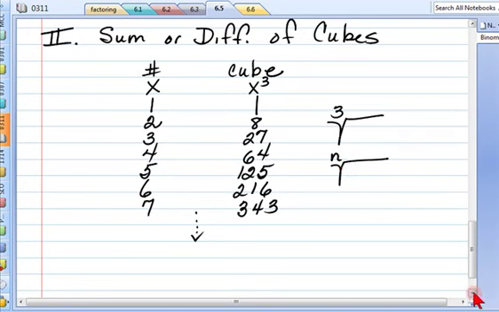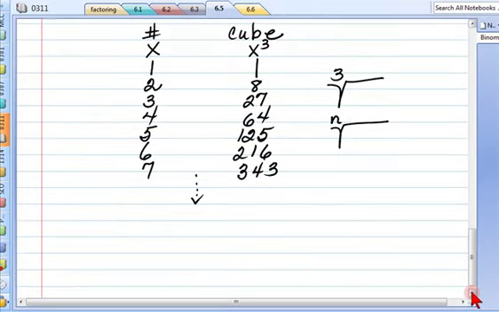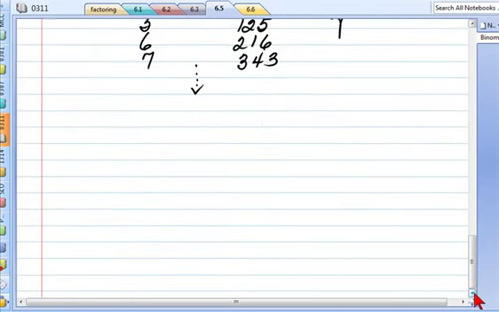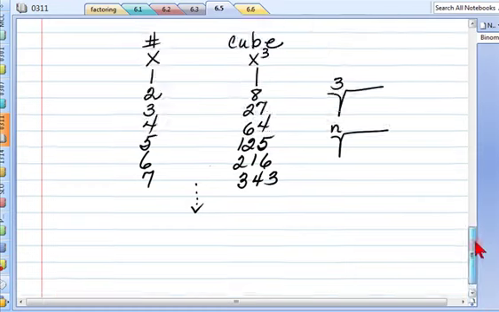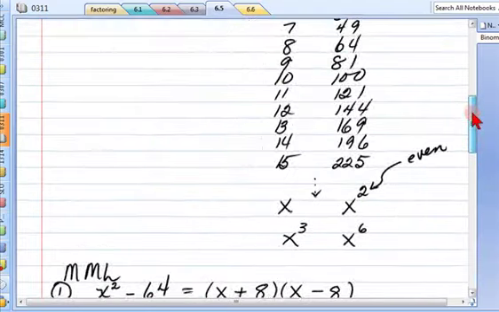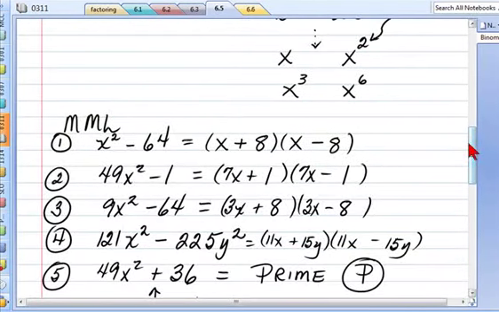Sum or difference of cubes. Let me go ahead and write down the patterns, and then we're going to practice on problems. These are going to require you to memorize a little bit, just a little bit. It is a pattern, but you have to memorize it. Now, it was real easy to memorize the pattern for the difference of squares.